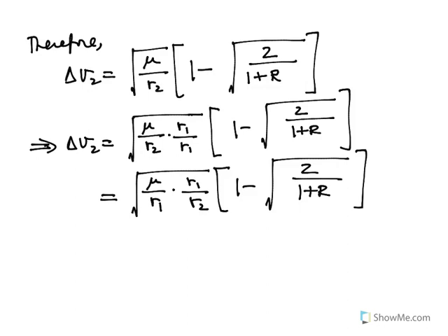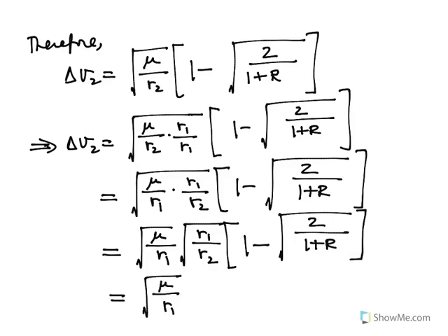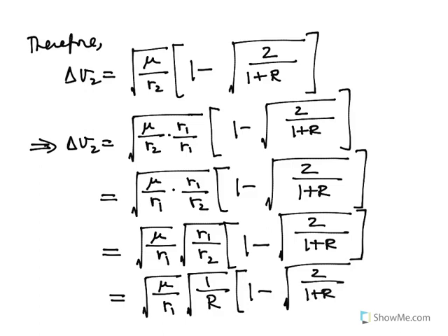Now I can split this up, and I get the square root of mu over r1 times the square root of r1 over r2 times 1 minus the square root of 2 over 1 plus r, which is equal to the square root of mu over r1, and now r1 over r2 is 1 over r. I get 1 minus the square root of 2 all divided by 1 plus r.